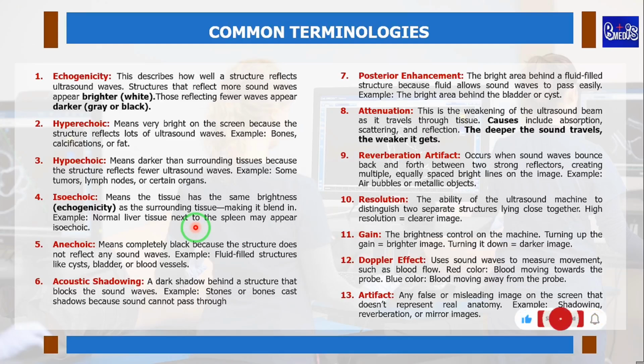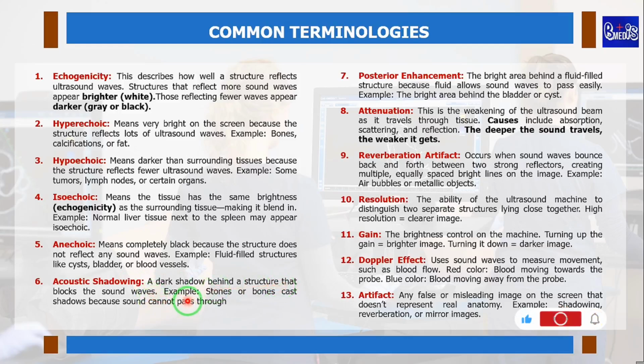Also, we have anechoic. Anechoic means completely black because the structure does not reflect any sound wave. Examples are fluid-filled structures like cyst, bladder, or blood vessels. Then we have acoustic shadowing, a dark shadow behind a structure that blocks the sound wave.